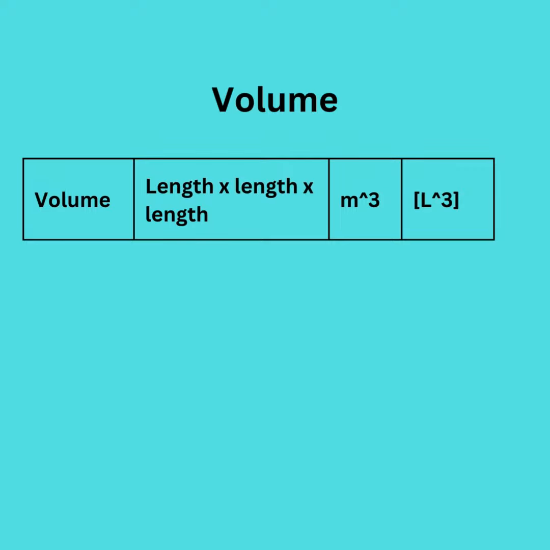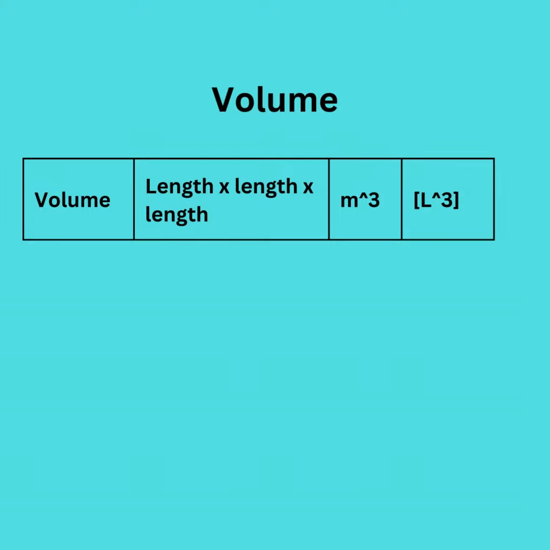So volume is length into length into length. As we know, the dimension formulas are written in square brackets, so the volume's dimensions are L to the power of 3.